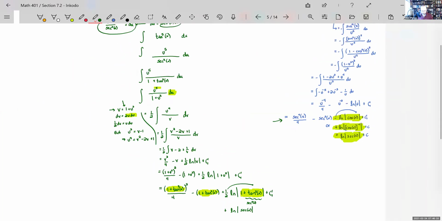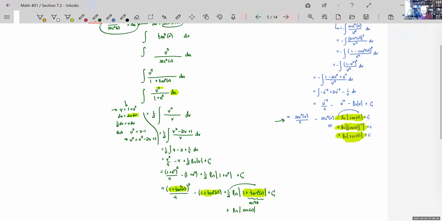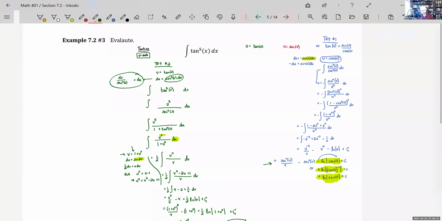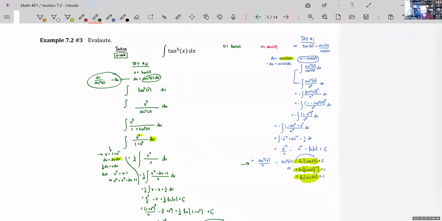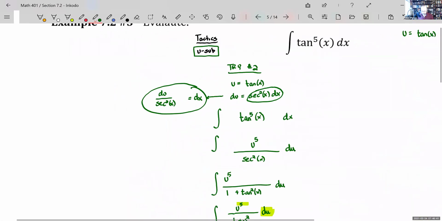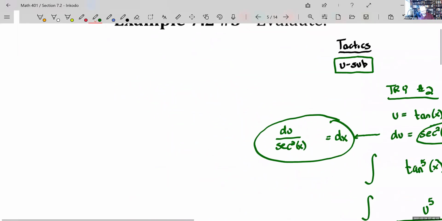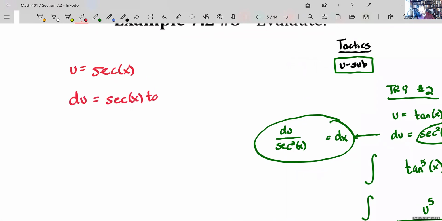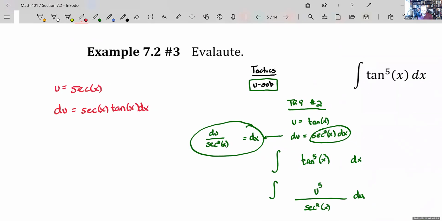Let's see. Then it was asked, what about doing the u sub for the secant? I specifically used red for that because the secant's not going to work. Well, actually, let me try it. u is equal to secant of x means du would have to steal away a secant tangent. Well, that might work. Well, no. Now remember, if you take a look at our original integral, there was not a secant involved.